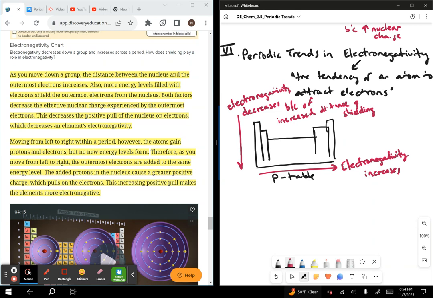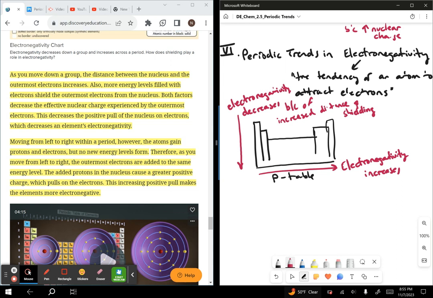Both factors decrease the effective nuclear charge. This decreases the positive pull of the nucleus on the electrons, which decreases the element's electronegativity. The atom has more difficulty holding on to the electrons, going from top to bottom.